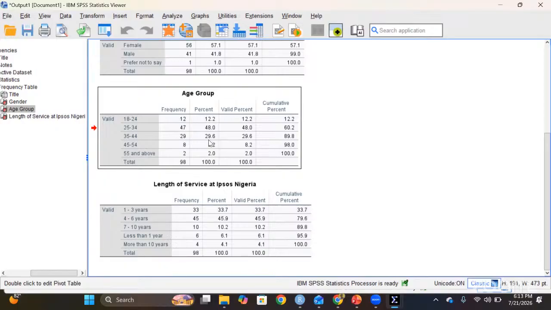For the most part, what we always do in research is that when you are describing demographics, we try to merge everything together, because you don't want demographic analysis to take the space of the more important and more cogent insights that you want to talk about.